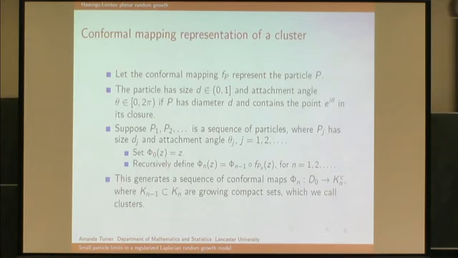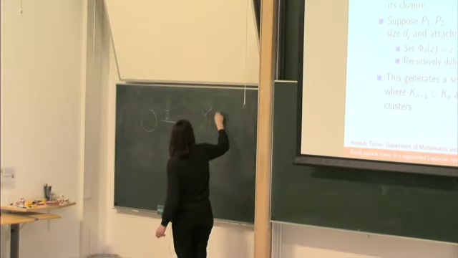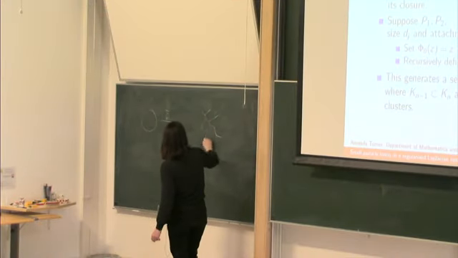We start off just with the identity map, and then recursively, supposing that we have a mapping phi n minus 1, which goes from the exterior of the unit disk to the exterior of some cluster with n minus 1 particles.